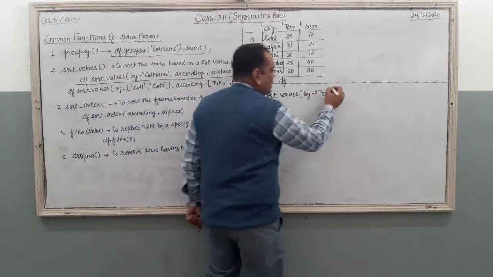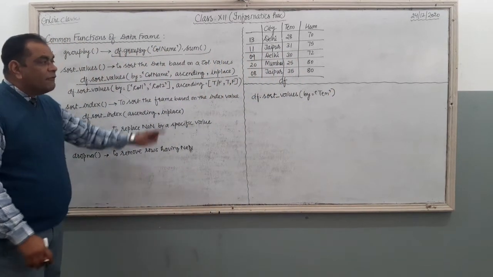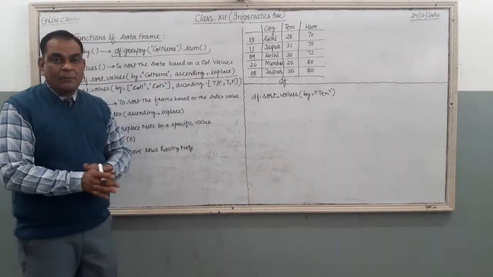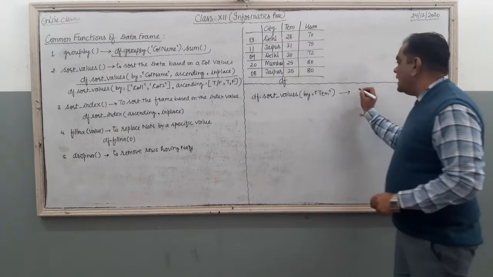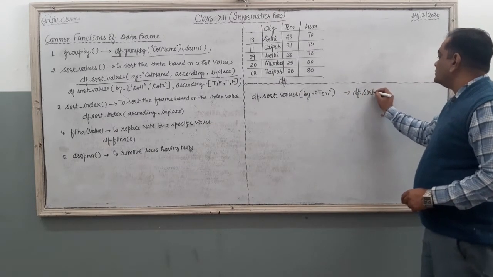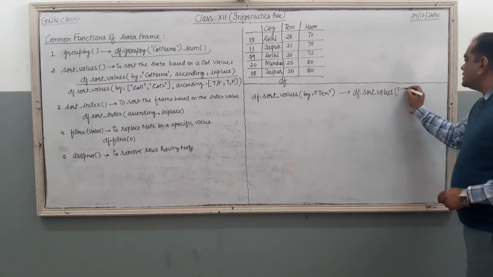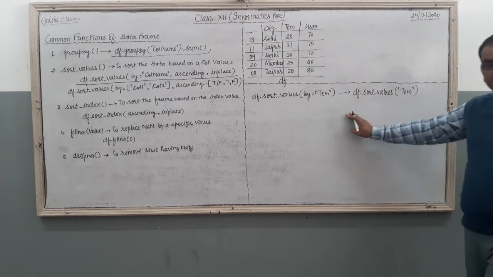And then I close this. If you want to skip the ascending and inplace attributes, you can either use by, or if you don't want to use it, the command will be df.sort_values and here just provide the column name only, temp. Both the commands are same.